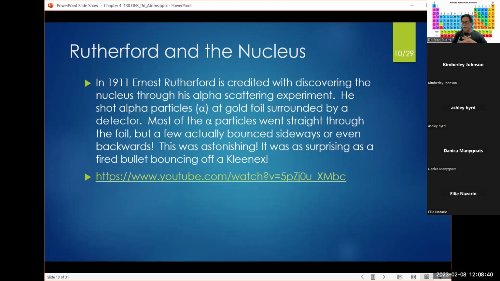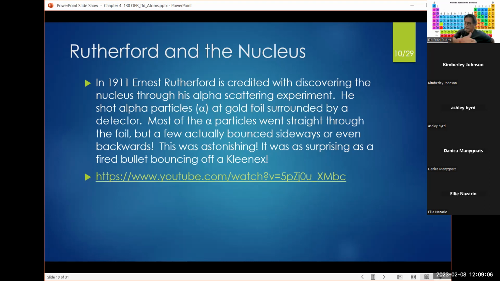And what he did, he used a particle generator, again, called alpha particles. We're going to talk about those, but what he did was generate these particles, and he shot them at a gold foil.